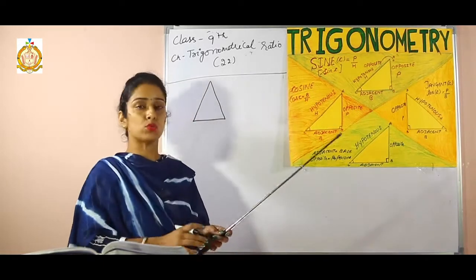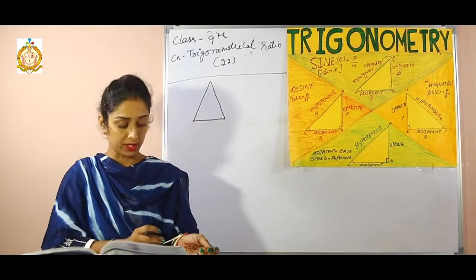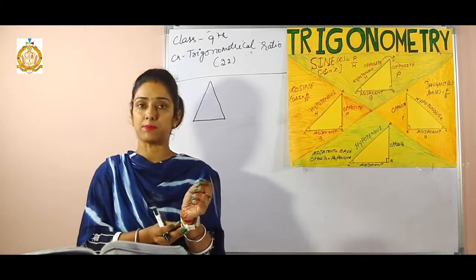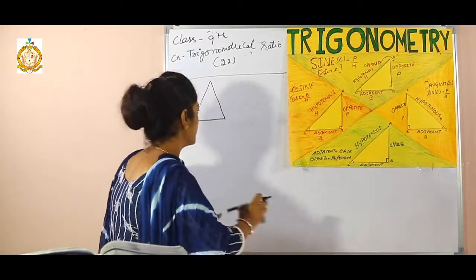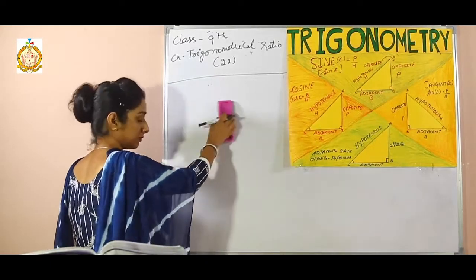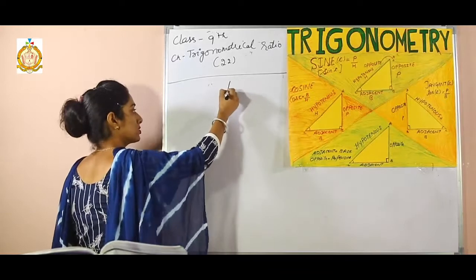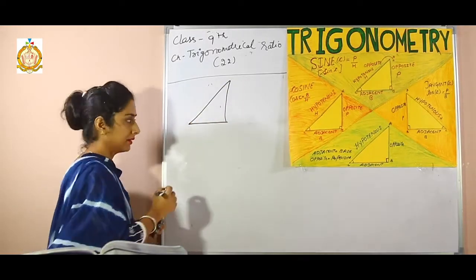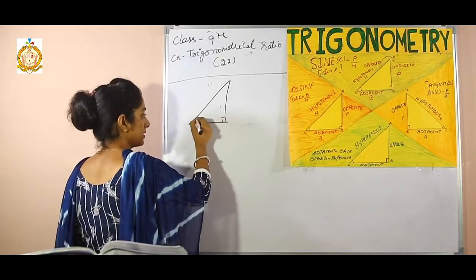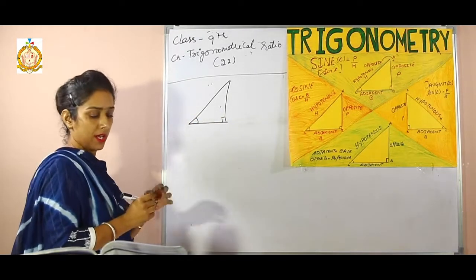In this we have to discuss three types of triangles. We have to take a right angle triangle in this concept, right? Suppose this is a right angle triangle, this is a 90 degree angle and this is an acute angle.